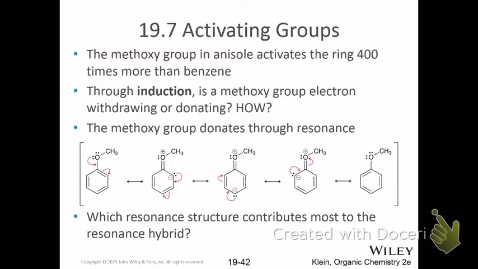So if you were to draw the resonance hybrid for one of these things, you would draw dashed lines like that and a dashed line here. You have partial negatives there, partial negative there, and a partial negative here. Come on, draw. There you go.